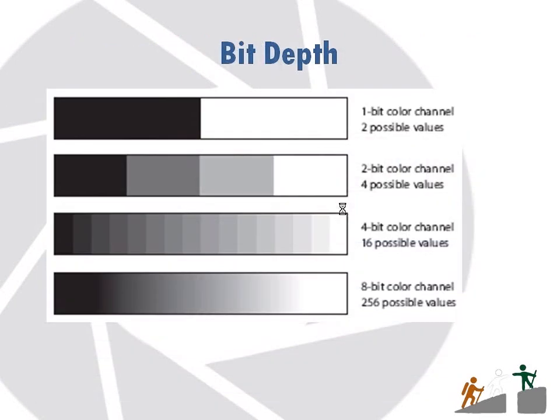This is something which is very important. I just want to give it. What is a bit depth in a digital file? With one bit, only one color is possible.